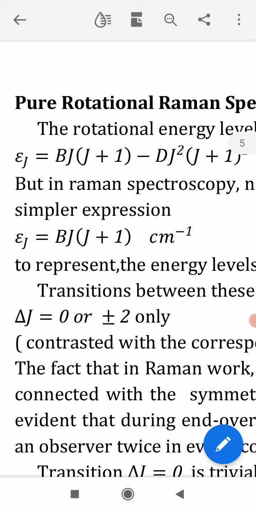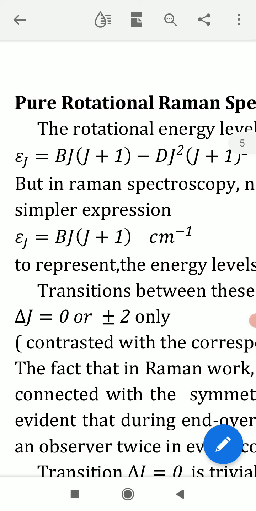So if we write angular momentum L this way, we can find the expression for rotational energy as Ej equal to Bj(j plus 1). All the coefficient of j(j plus 1) is written as B.